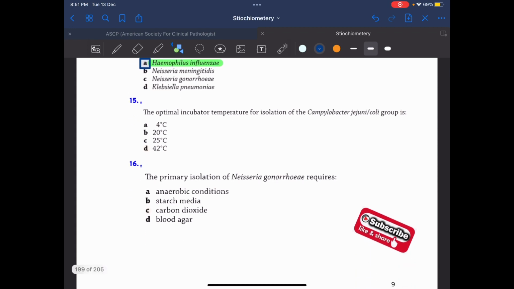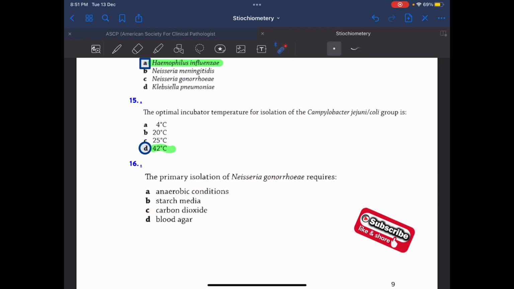Question number 15. The optimal incubator temperature for isolation of Campylobacter jejuni/coli group is 4 degrees centigrade, 20 degrees centigrade, 25 degrees centigrade, or 42 degrees centigrade. The correct answer is 42 degrees centigrade. So the correct answer is D.